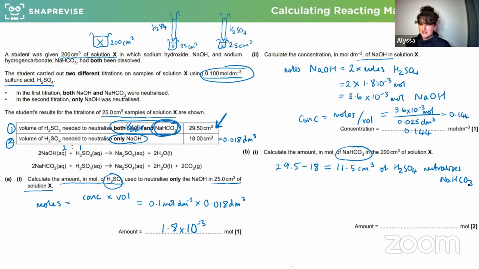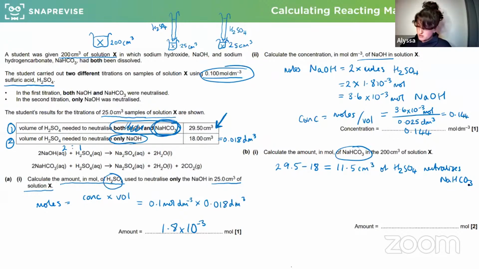We're following a similar process to the one we did in part A. It's just we're now doing it for sodium hydrogen carbonate. So to start off with, we need the amount of H2SO4 that neutralizes only the sodium hydrogen carbonate. Then it becomes a simpler process of concentration, volume, moles. Nothing in chemistry is simple, but simpler. Let's have a look.